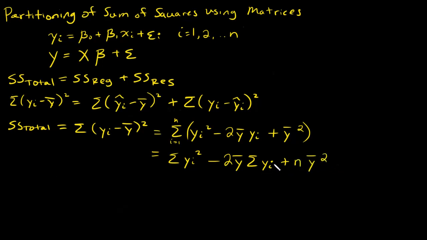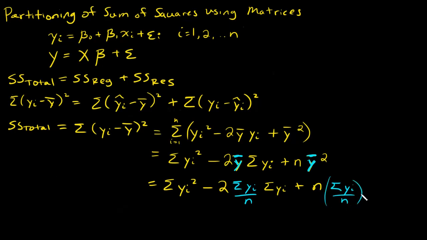Next, let's write y bar using the sum of yi. This equals the sum of yi squared minus 2 times, what is y bar? It is the sum of yi divided by n, by definition; that's what a sample mean is, the sum of the values divided by the sample size, times yi, plus n times the sum of yi divided by n squared.